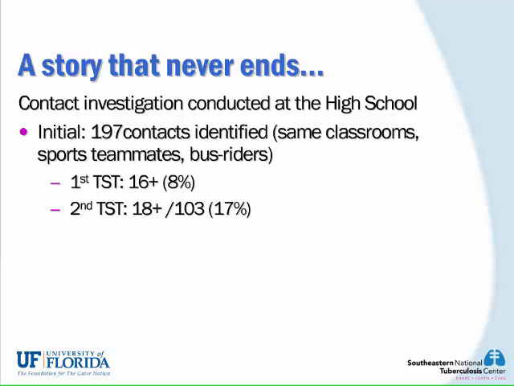In the first round of testing, 8% of the students were positive by TST, and when they had the repeat test done 8 to 10 weeks later, we found another 18 students with LTBI, so that's 17%.